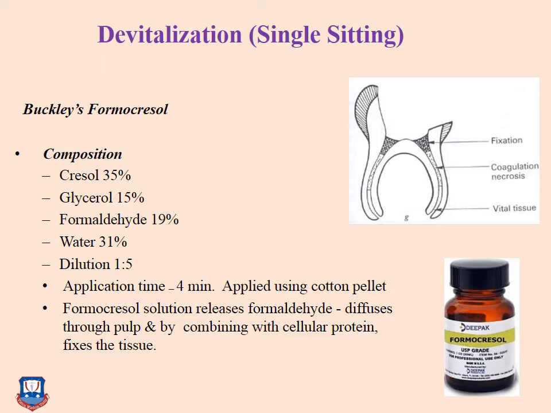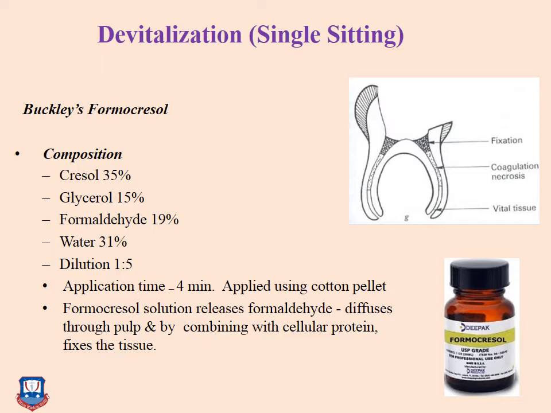The application time is 4 minutes, and it is applied using a cotton pellet. So a cotton pellet is moistened with the formocresol and is applied on the amputated root, the pulp tissue for 4 minutes, and this will cause fixation or devitalization of the pulp tissue which is in contact with the medicament.